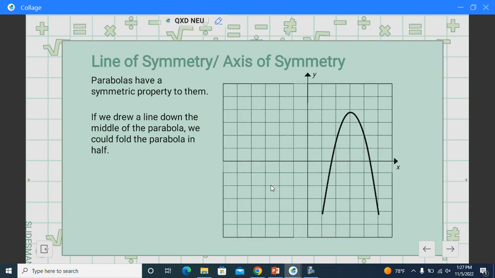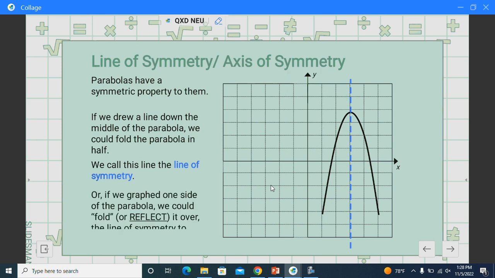That is your axis of symmetry or line of symmetry. So if we graph one side of the parabola, we could fold or reflect it over the line of symmetry to graph the other side.